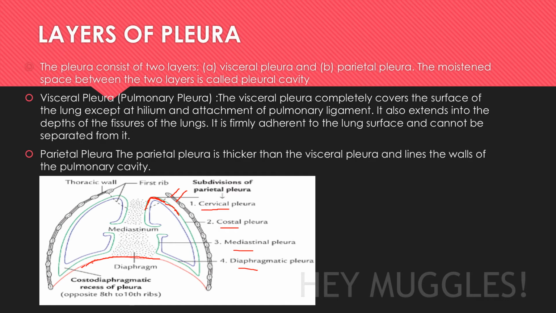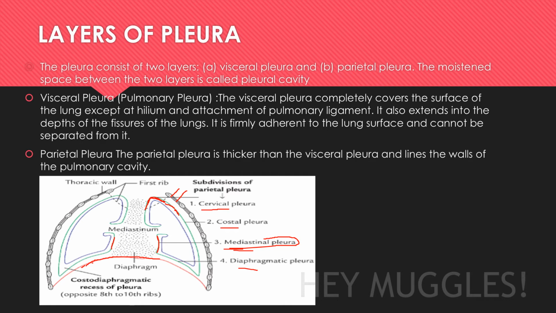Then we have mediastinal pleura. Mediastinal pleura covers the lateral aspect of your mediastinum. This is your mediastinal pleura, right? It is covering the lateral aspect of your mediastinum. So your cervical pleura lines the extension of the pleural cavity into the neck.